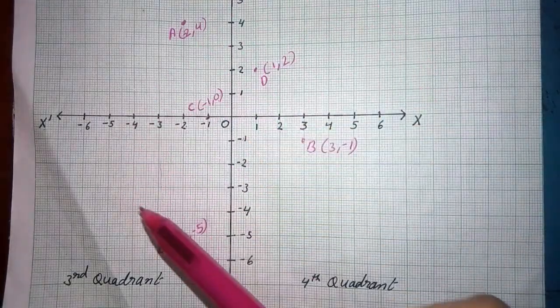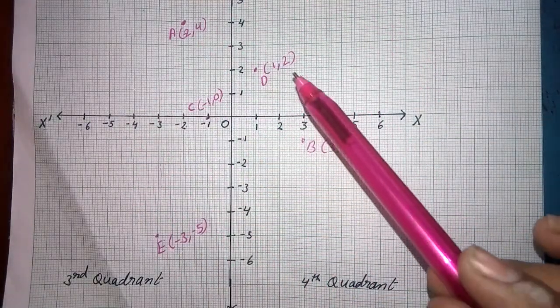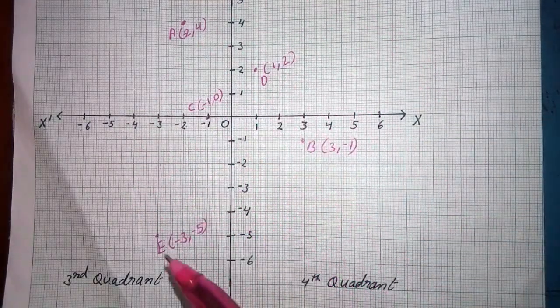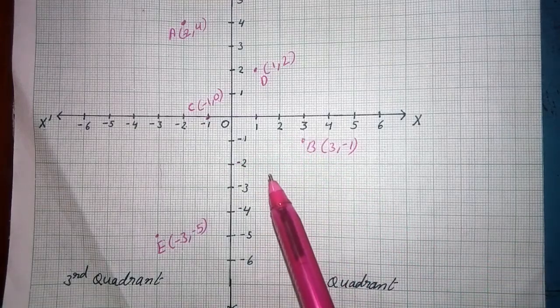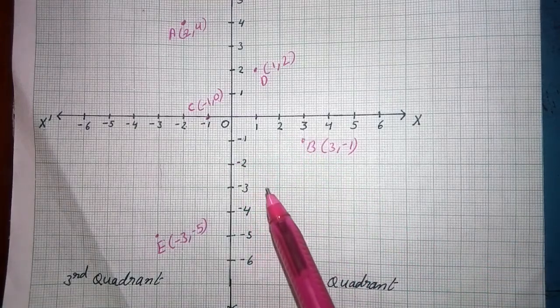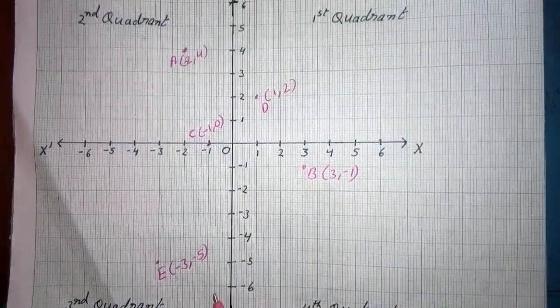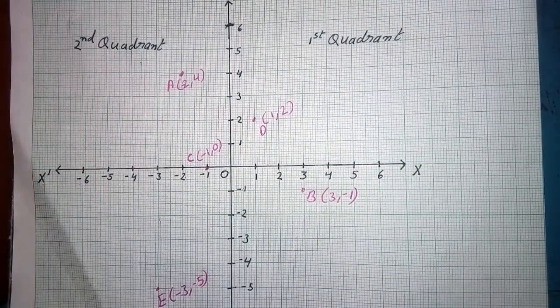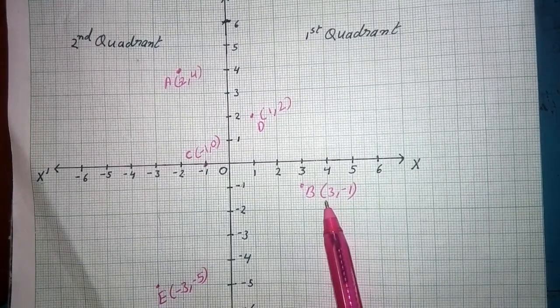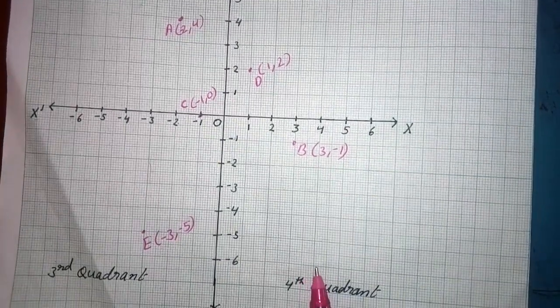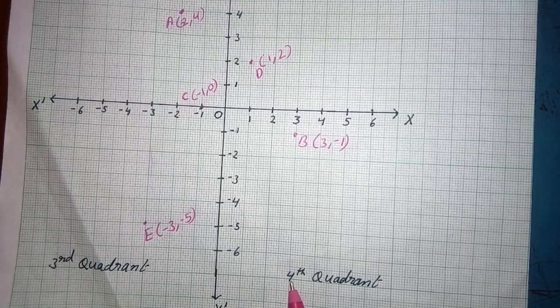This is the Cartesian plane. We located all the points in the Cartesian plane. So you have to write the first part which was asked in question number 1, that where they lie. The first point (-2, 4) lies in the second quadrant. Second point (3, -1) lies in the fourth quadrant.